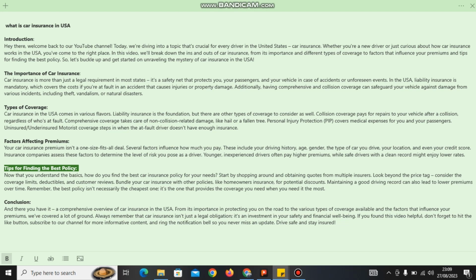Bundle your car insurance with other policies, like home insurance, for potential discounts. Maintaining a good driver record can also lead to lower premiums over time. Remember, the best policy is not necessarily the cheapest one. It's the one that provides the coverage you need when you need it most.